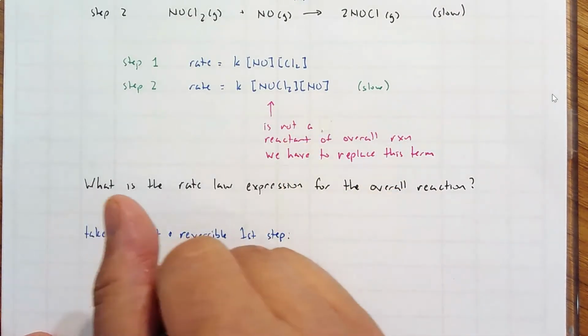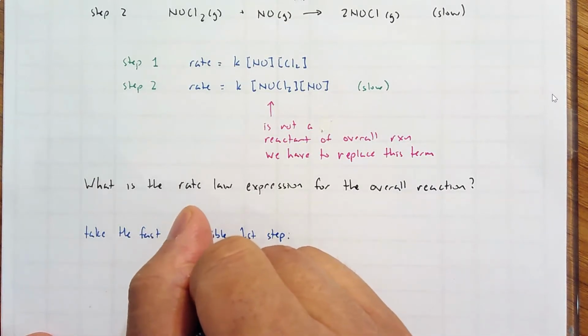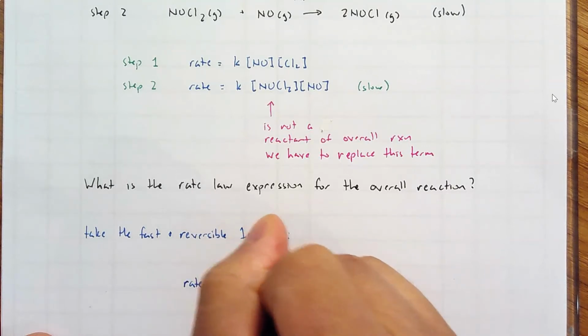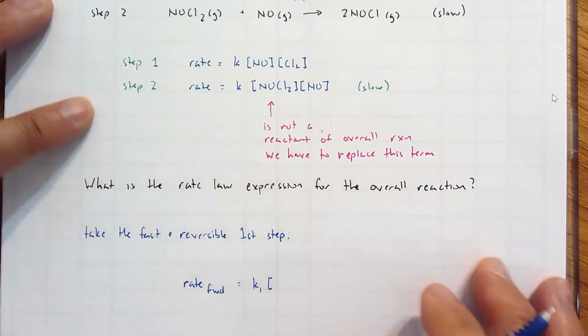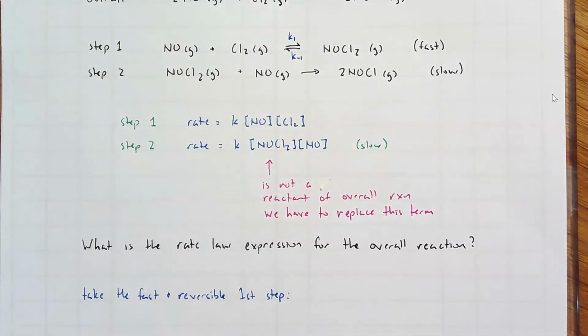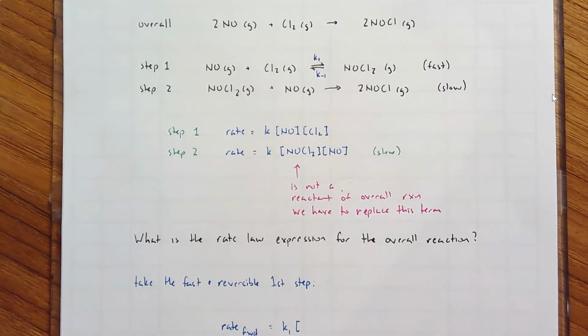So in the forward direction, we have a rate of the forward reaction, forward equals k1 times the concentration. Do you see what I'm doing here? Let me zoom out a little bit. My bad. Okay.